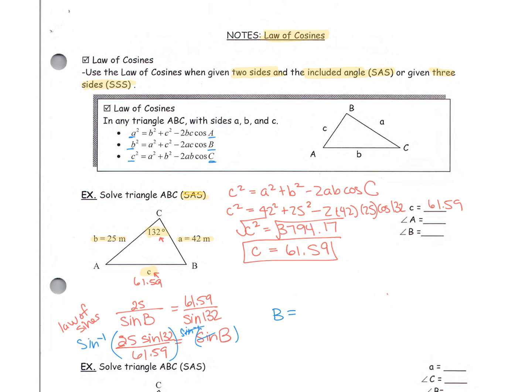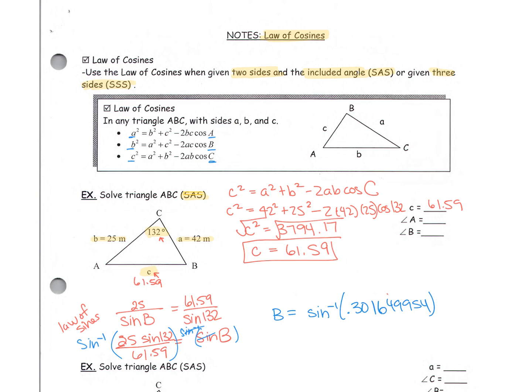And then I'm going to divide by 61.59. And I normally don't write this part, but I just want to make sure you're following okay with your calculators. I got like 0.3016499954.